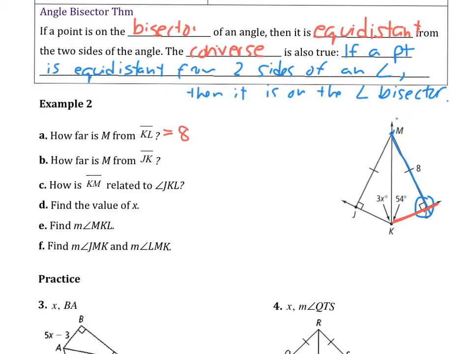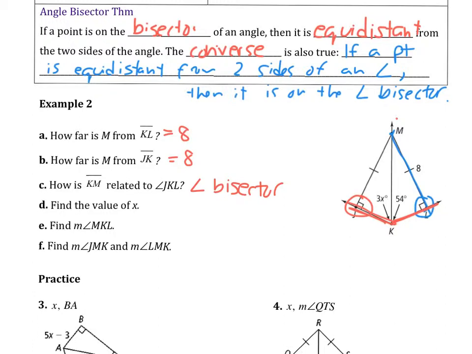So how about M from JK? Well, it turns out, since that's congruent and that's a right angle, we can also say that's 8. So how about KM? How is KM related to this large angle right here? It is the angle bisector.